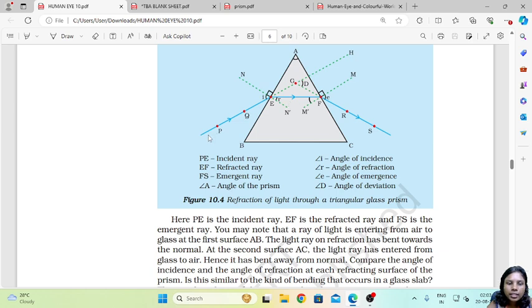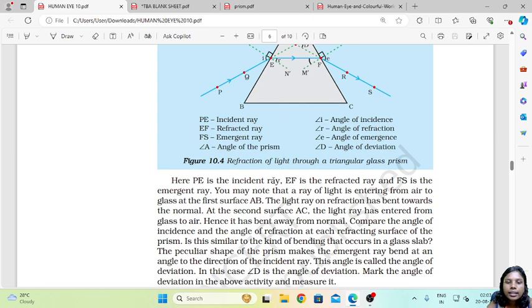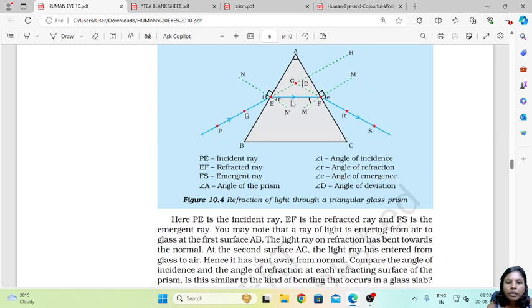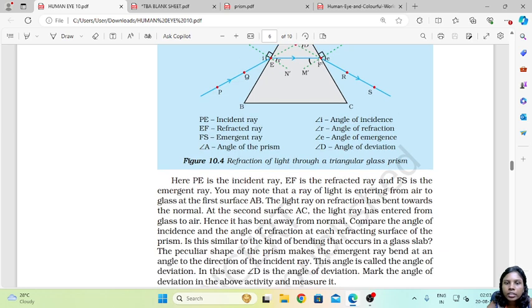Say that incident ray is PE. What is happening here is that PE is getting refracted in the direction of the normal itself, that is EF, and then it gets diverted as FS.